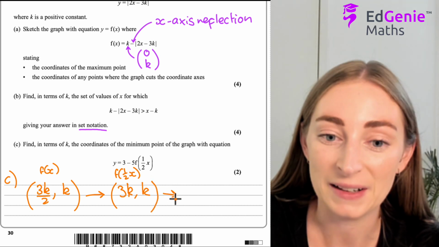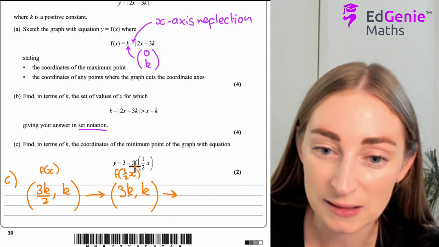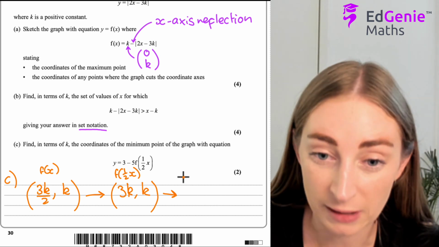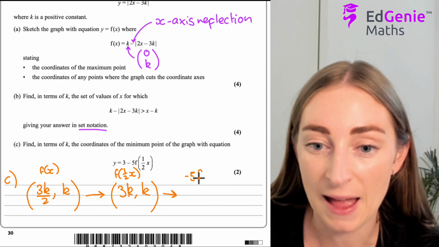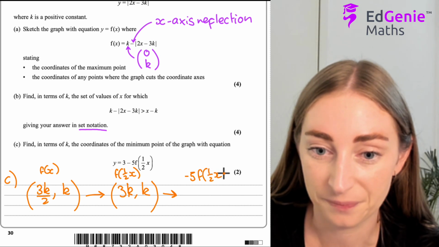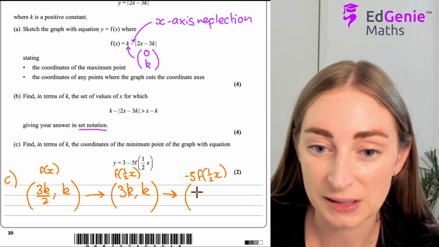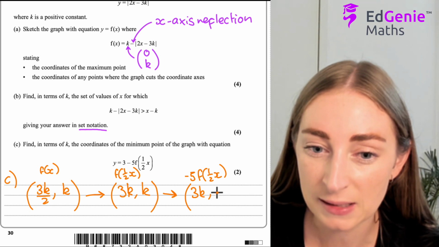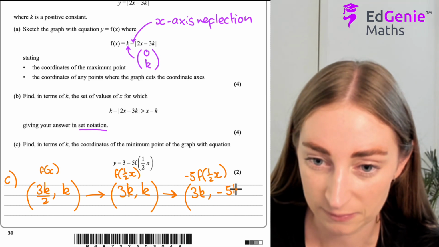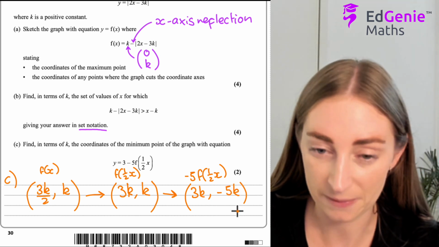Then I now want to do a stretch in the y direction of minus 5. So I'm going to do minus 5 f of a half x. The x coordinate is going to be 3k. The y coordinate is going to be minus 5k. Yeah.